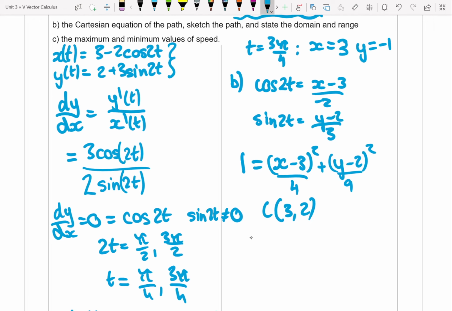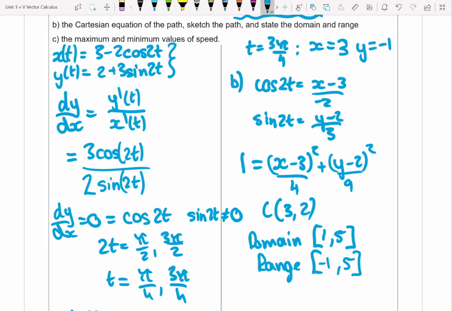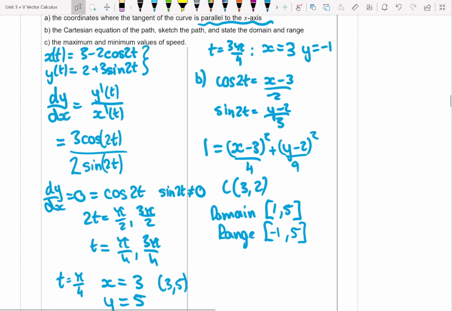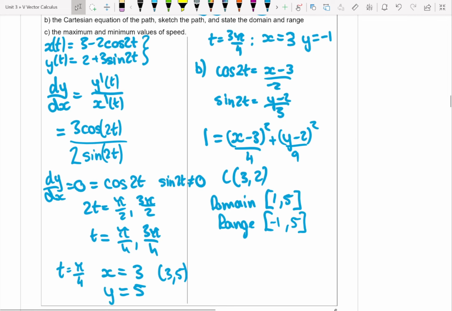So our domain is 1 to 5, and our range is -1 to 5. And this is centered at the point (3, 2). I'm going to leave it as an exercise for you to sketch that.